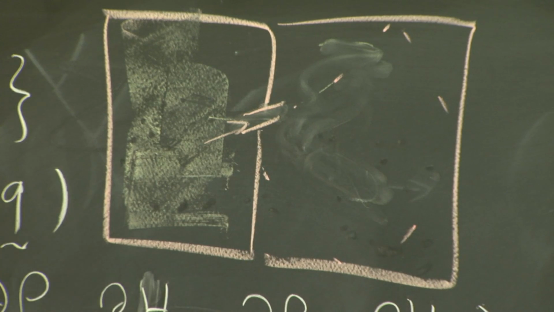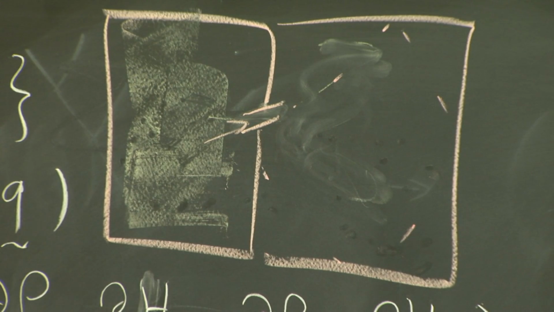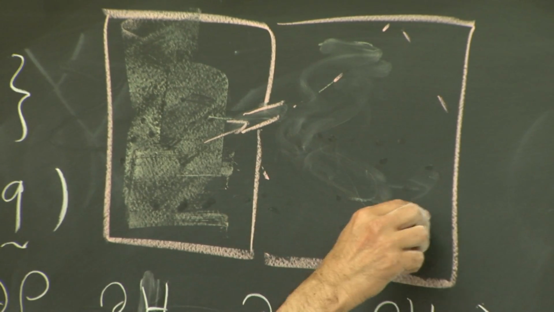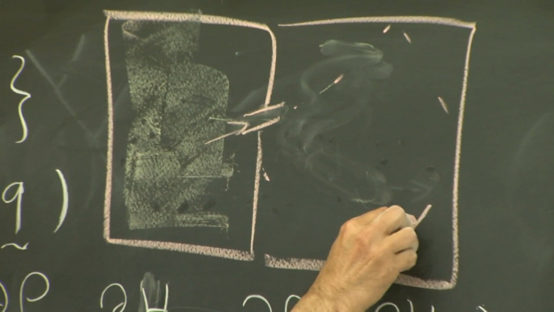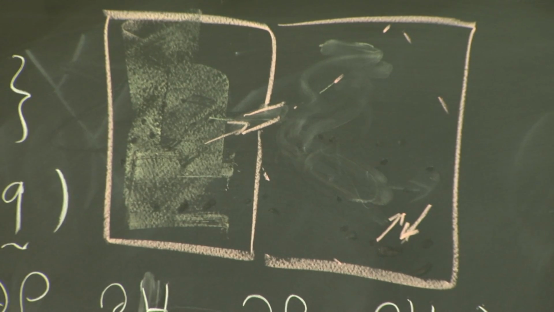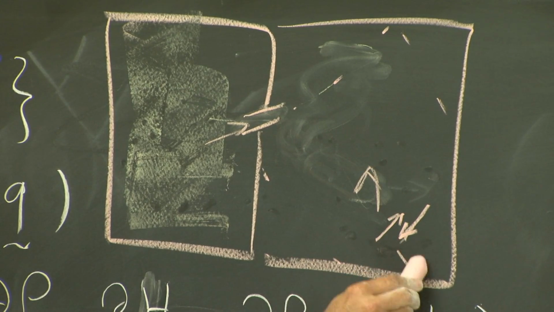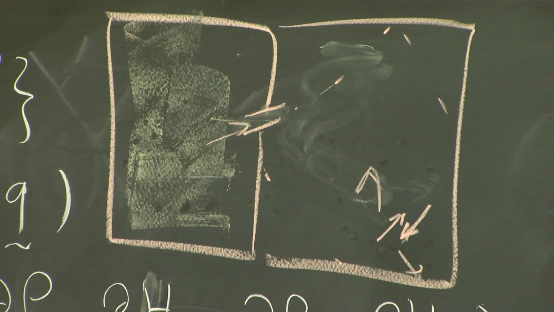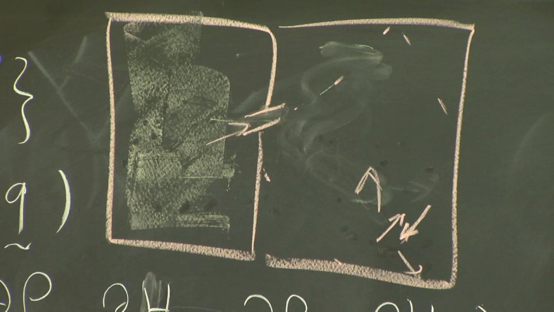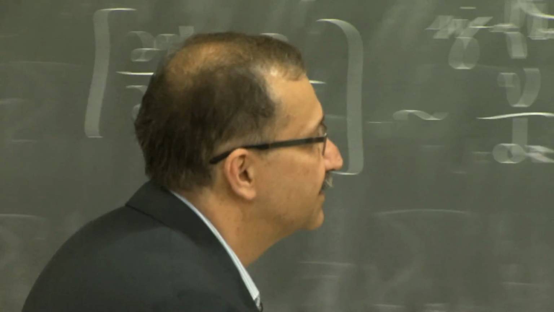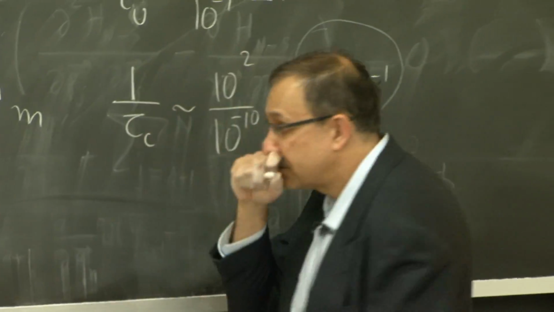How long does it take a bullet to go over the size of the box? But if two of these bullets happen to come together and collide, then there is a very short period of time over which they would go in different directions, and their momenta would get displaced from what they were before, and that time scale is of the order of this.